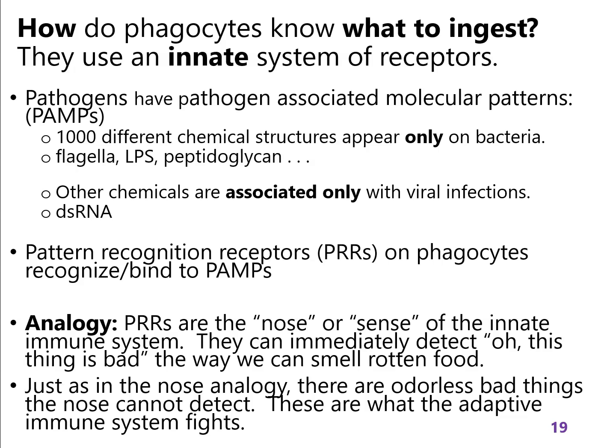And there are a lot of deadly toxins that don't have any odor. Likewise, there are a lot of things in pathogens that are not common to all pathogens, so we can't have built-in receptors for them. Those things are what the adaptive immune system is for.